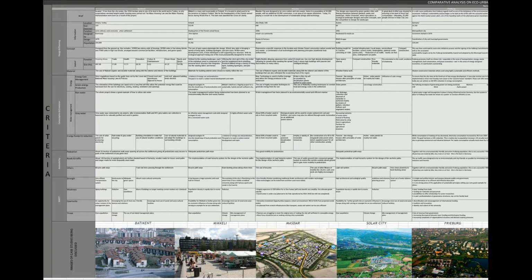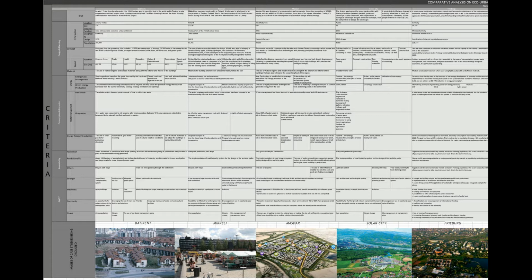In this next slide, I'm showing the criteria of comparison carried out for the analysis of several different types of urban settlements from around the world. Under this criteria, I looked at the accessibility, the energy consumption, and also the design and planning of each settlement.